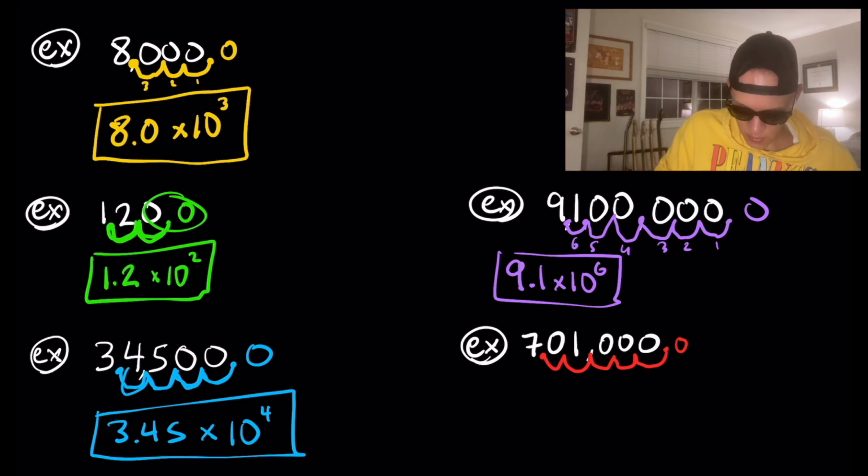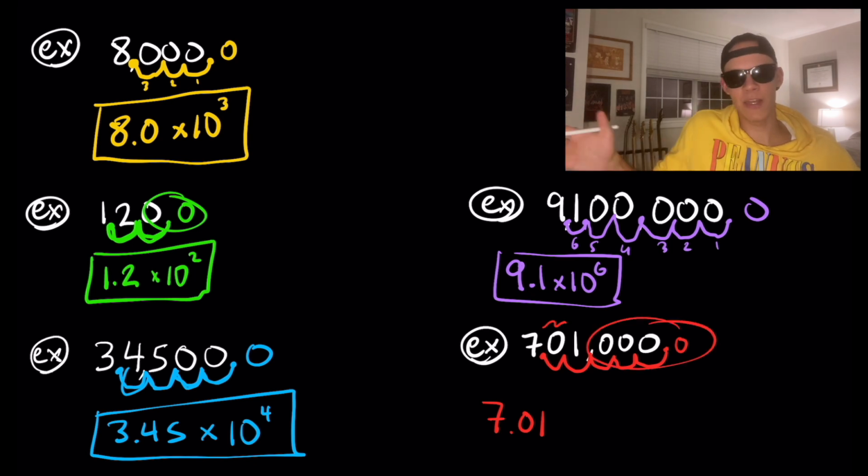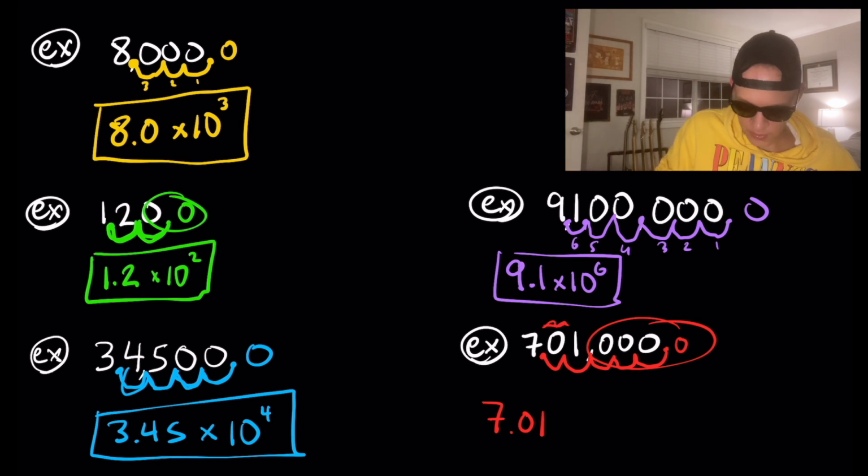So my new number is going to be 7.01. I cannot ignore zeros that are sandwiched in with other numbers. If I've got a trail of zeros that doesn't end, I can ignore those. But this one here, since it's sandwiched between that 7 and 1, can't be ignored. It's got to be part of it. So 7.01, and I move the decimal place once, twice, 3 times, 4 times, and 5 times. So 7.01 times 10 to the 5th.